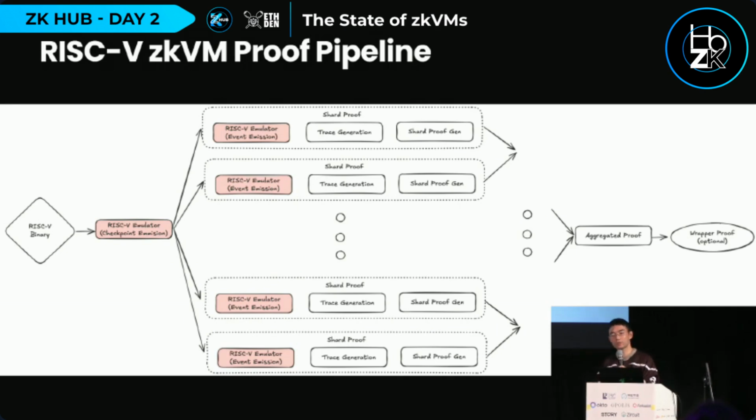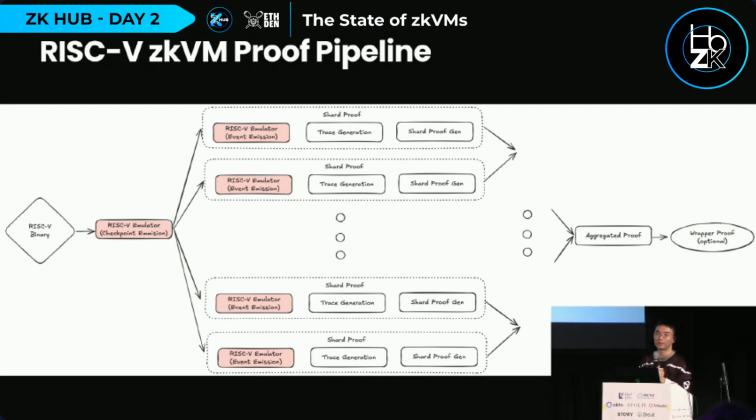Why is it hard to achieve real-time proving on this proof pipeline? When you want to improve the latency of some compute, the most straightforward idea you can think of is to throw in more hardware. Like by increasing the parallelism, you can basically reduce the compute time or your latency. That's happening here because we are doing many parallel shard proofs here, trying to decrease the latency.